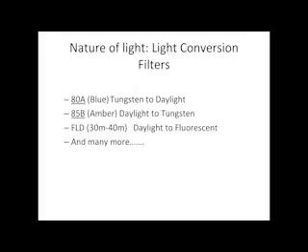And there's many more of these. The blue light takes the 3200 degrees and makes it more blue, so it matches daylight. The amber filter, 85B, takes daylight, which is a higher color temperature, and makes it a lower color temperature to match the other light in the room that might be on the warmer side.